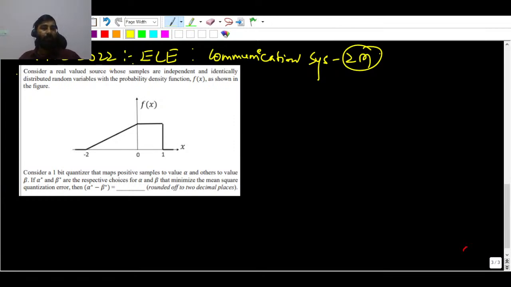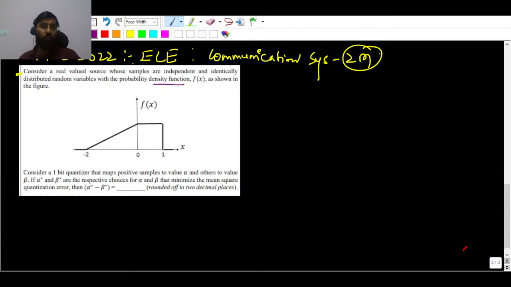Let's read the question here. Consider a real valued source whose samples are independent and identically distributed random variables with the probability density function. So here the probability density function is given for the sample signal.